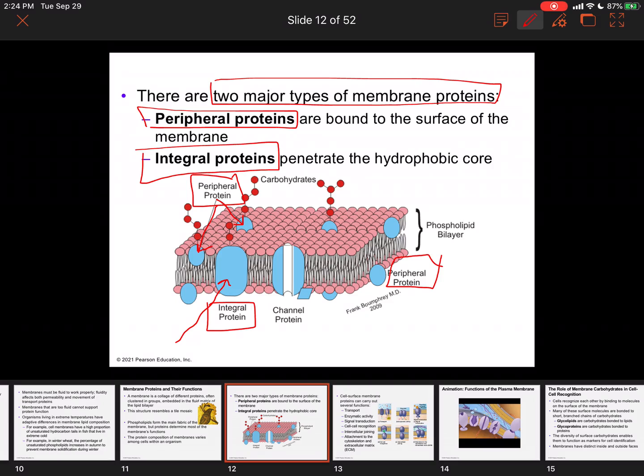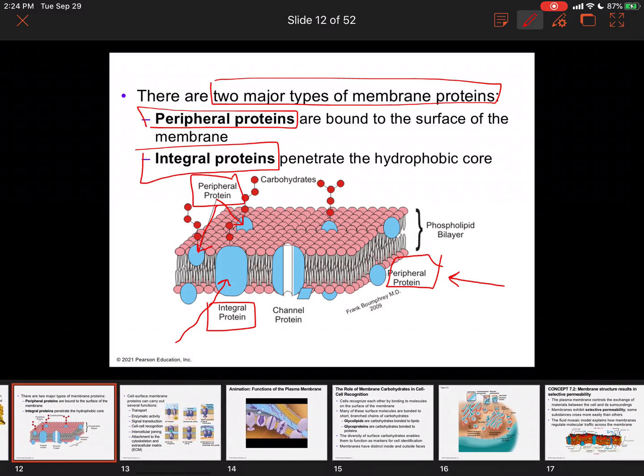And then the peripheral proteins are going to be important for cell signaling, cell identification, and then sometimes we might see that coenzymes will attach to those types of proteins to allow a certain enzyme to work. And so both have very important functions within the cell membrane. So know that there's two types: peripheral, bound to the surface, and then integral. They're going to run all the way through from one side to the other.